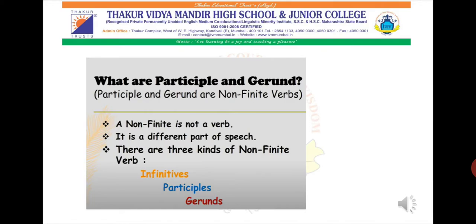In my previous video, we had studied infinitives, and I mentioned that there are two types of verbs, finite verb and non-finite verb. Finite verbs change according to the subject and tenses, whereas non-finite verbs have no such changes.